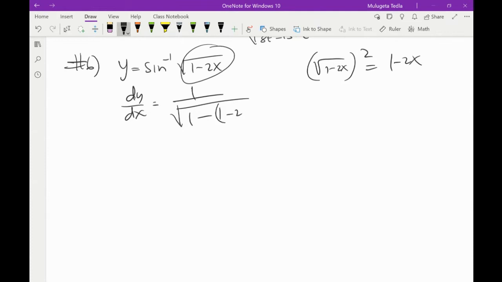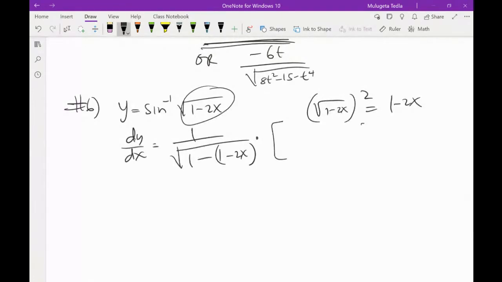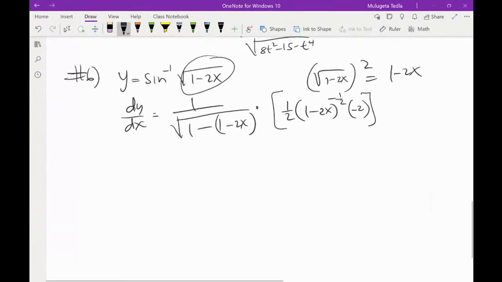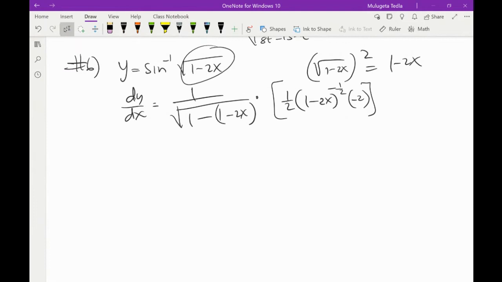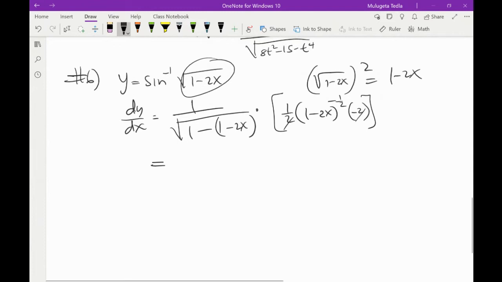So 1 minus 2x times the derivative of u, which is bring the 1/2 up front, write the base, subtract 1 from the exponent, times negative 2. So this is on the top, these 2 and these 2 can cancel.